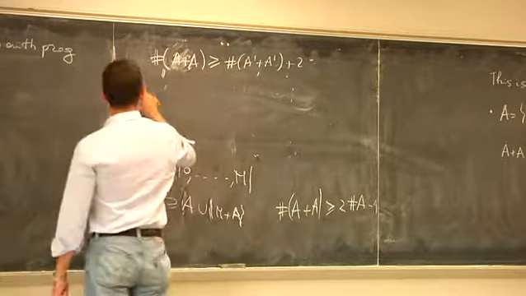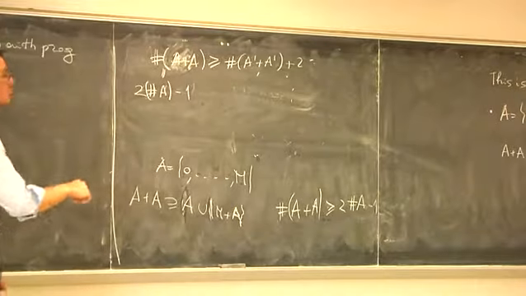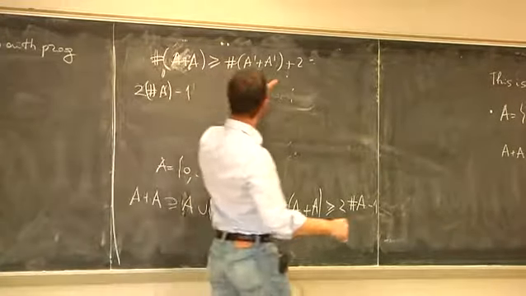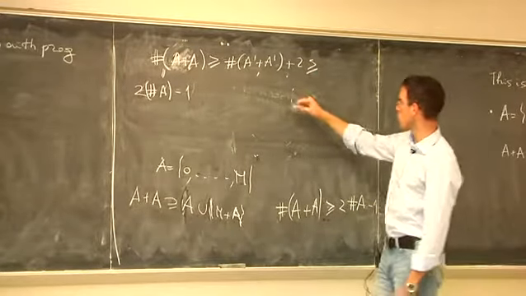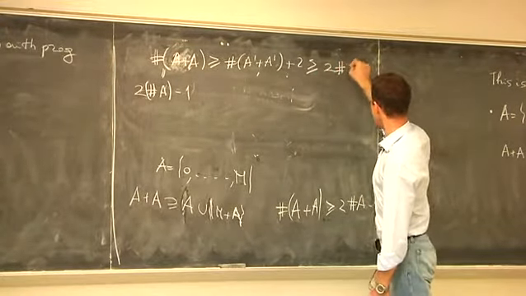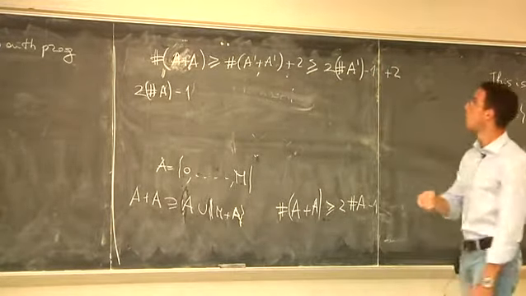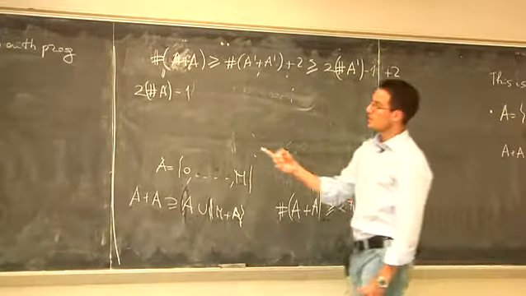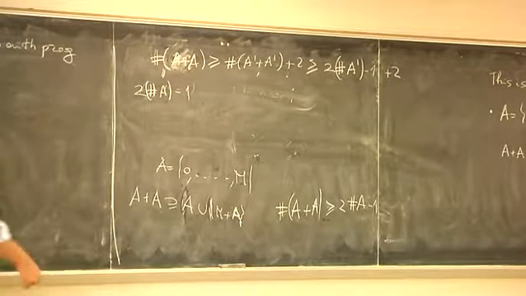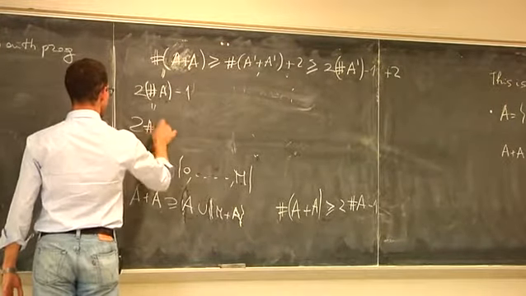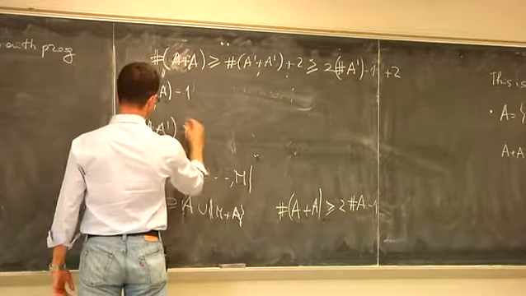Now this is equal to twice the cardinality of A minus 1 by assumption. And here we always know that the inequality is true. So we apply the inequality to A prime, so this is greater than twice the cardinality of A prime minus 1 plus 2. And now the cardinality of A is equal to the cardinality of A prime plus 1, because we just removed one element. So this is twice the cardinality of A prime plus 2 minus 1.